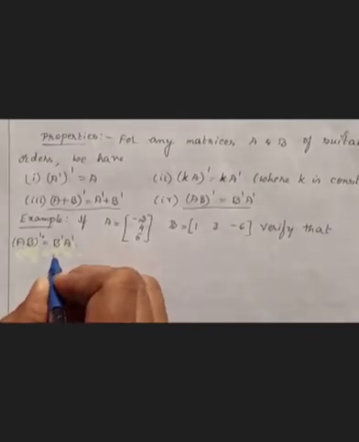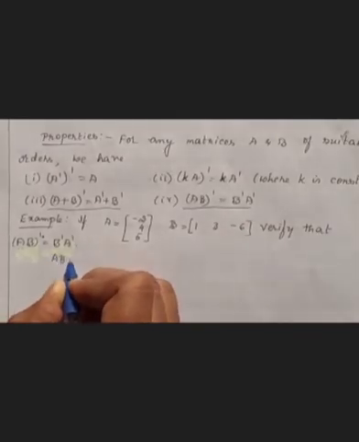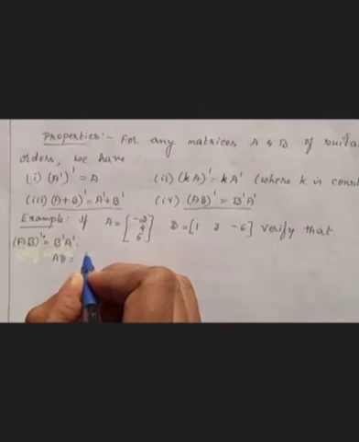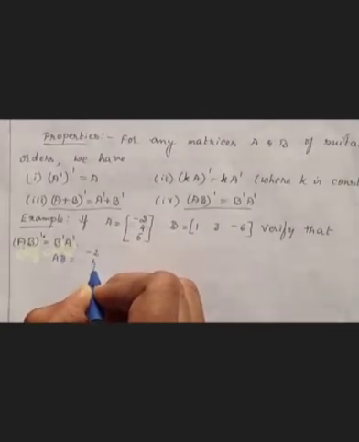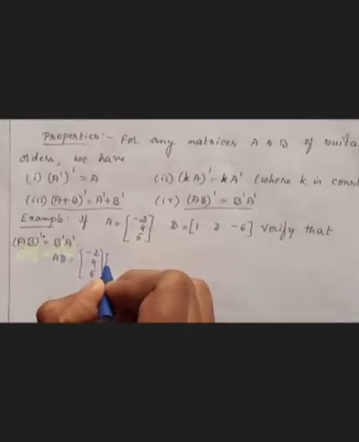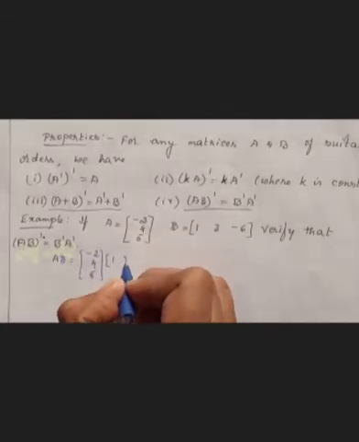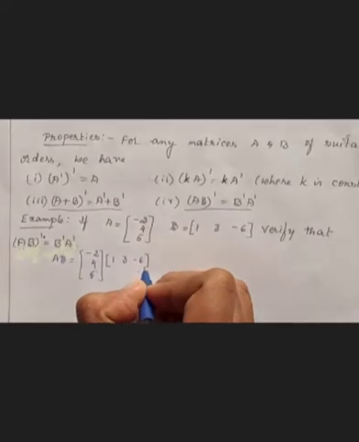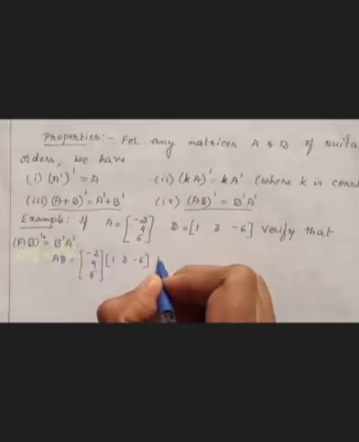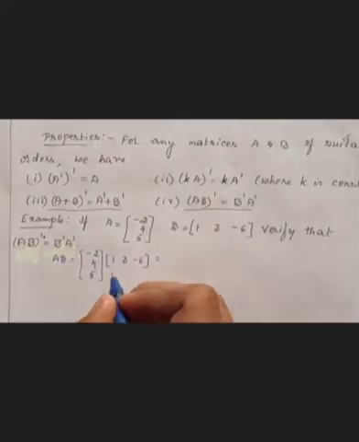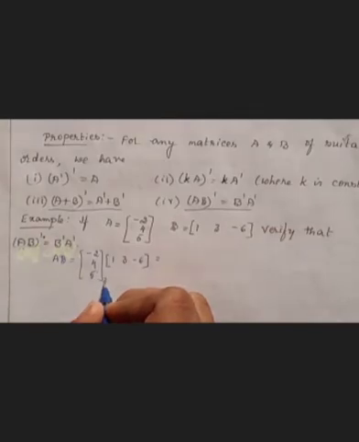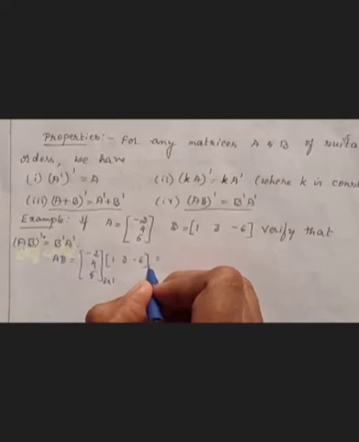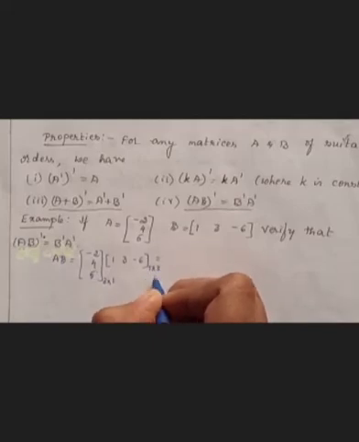Verify one by one. First calculate AB. What is A? -2, 4, 5, and B is 1, 3, -6. So what is the order? A has 3 rows, 1 column. Order is very important. And B has 1 row, 3 columns.